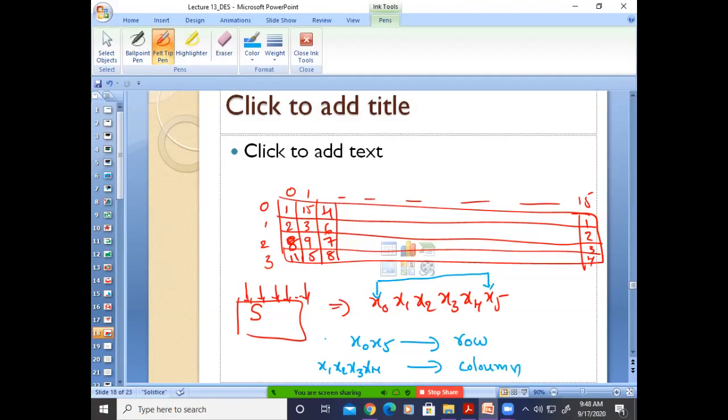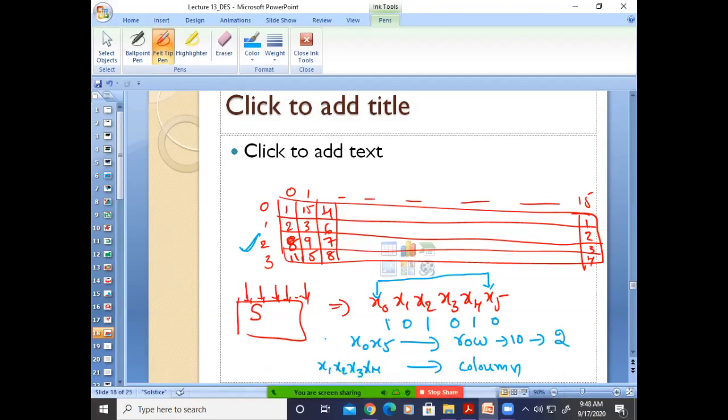Take one example: 1, 0, 1, 0, 1, 0. X0 and X5 will be 1, 0. 1, 0 means the number 2, so it represents row 2.